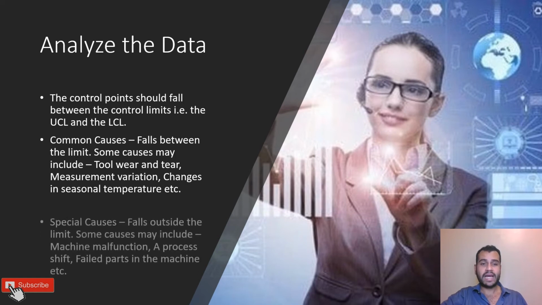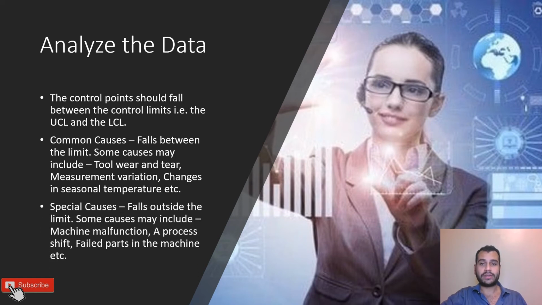Now, the second type of cause is a special cause. These are causes which we cannot predict within our process. An example is a machine malfunction in the PLC of the machine due to a surge in electricity. So these are unpredictable events that cause our machine to have a lot of downtime.